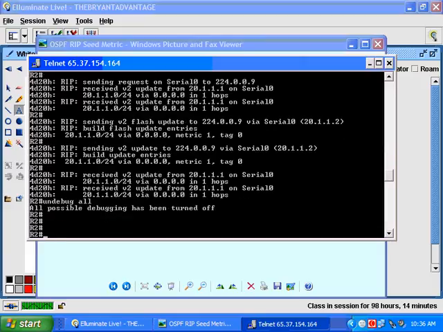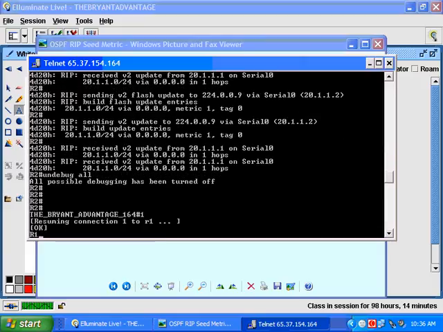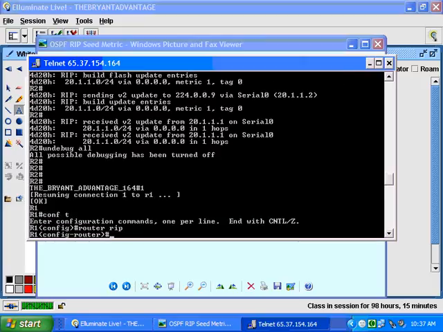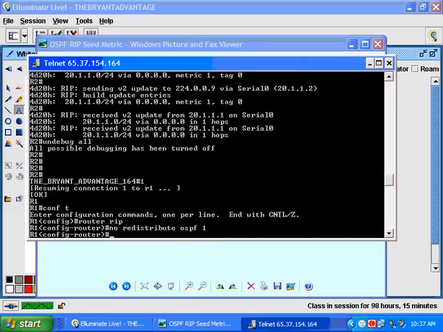We're going to test that here and see if we see that today. So what I always do is remove the previous redistribute command. Don't just type redistribute OSPF 1 and then something else. So let's go back out to redistribute OSPF 1, there's the command we were going to use.